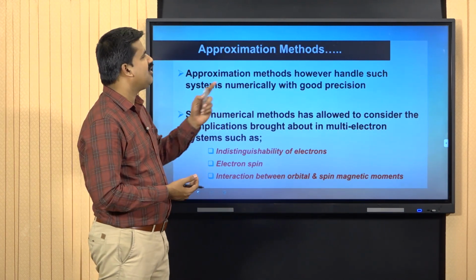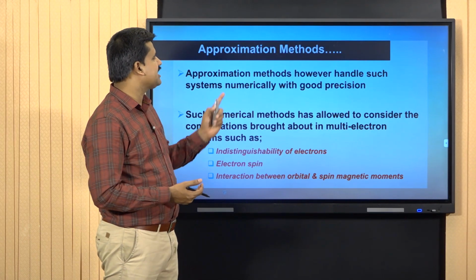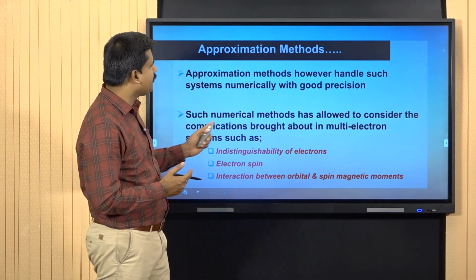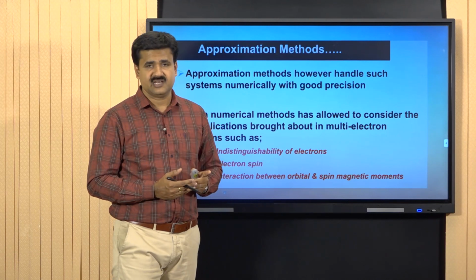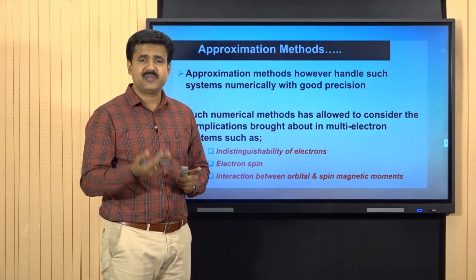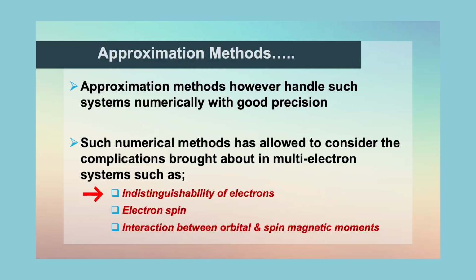Approximation methods, however, handle such systems numerically with good precision. Such numerical methods allow us to consider the complications brought about in multi-electron systems. The complexities that may appear in multi-electron systems include indistinguishability of electrons, spin associated with the electron, and interaction between orbital and spin magnetic moments.